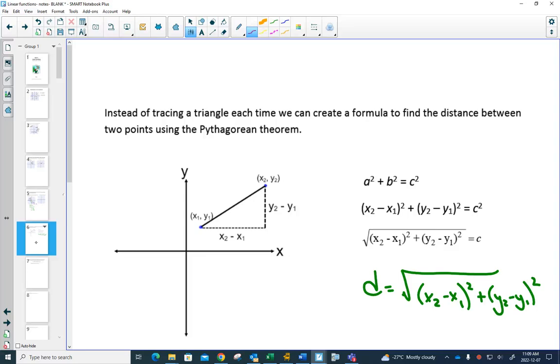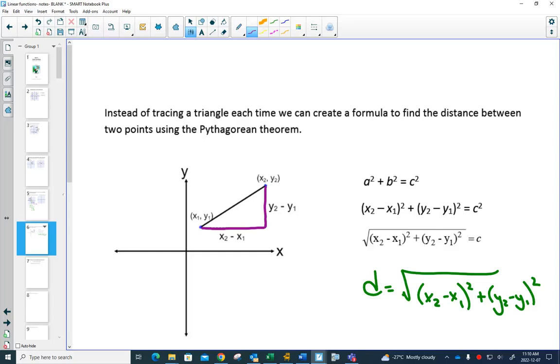Does it make sense that the vertical distance here is just this value minus this value? I mean, if this was 6 and this was 2, this distance would be 6 minus 2. And the x distance, or the horizontal distance, would just be this value minus this value.